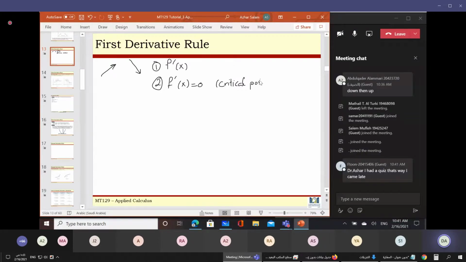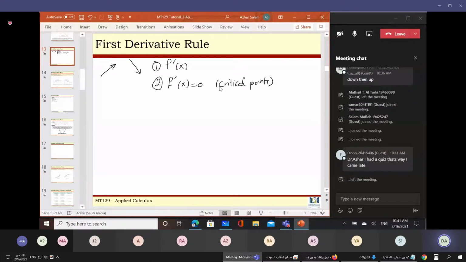Okay, then I will classify these critical points. For example, if x1 and x2 are the zeros, then I draw a line like that, and I point x1 and x2 on this line. This is the x-axis, okay, or the number line.